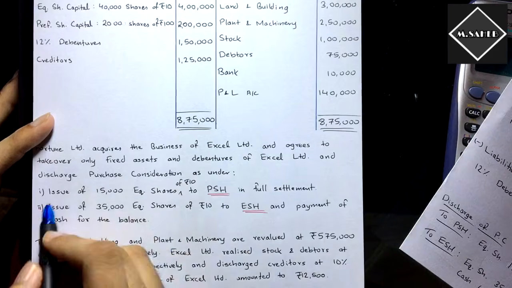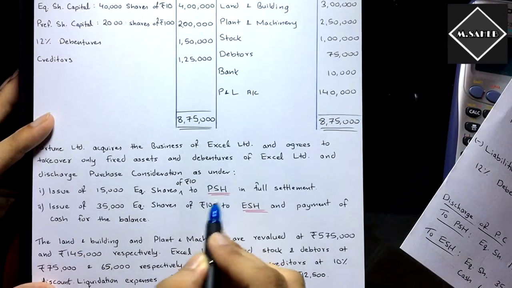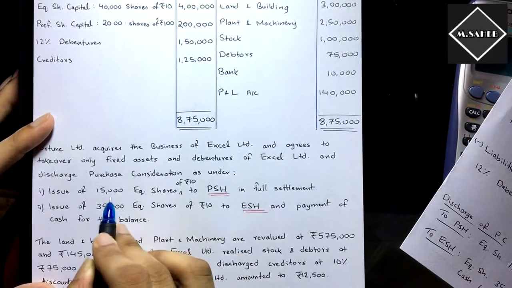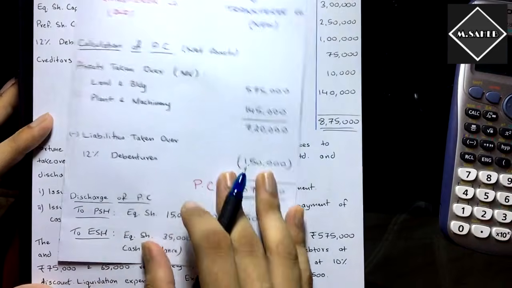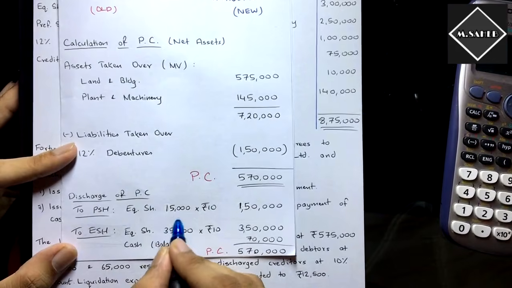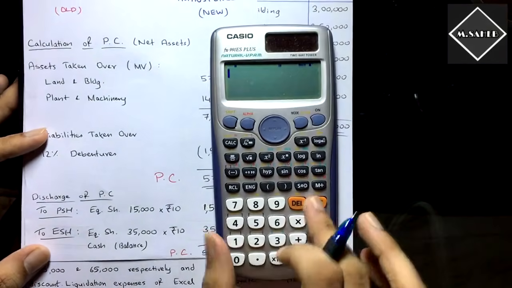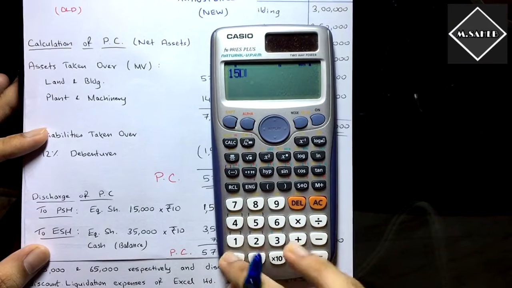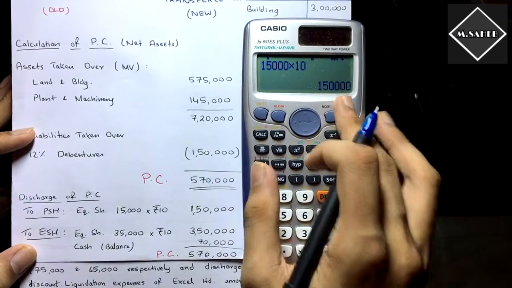See here, issue of 15,000 equity shares of rupees 10 each to preference shareholders. So preference shareholders are getting 15,000 equity shares of rupees 10, that is 15,000 into 10, equal to 1,50,000.